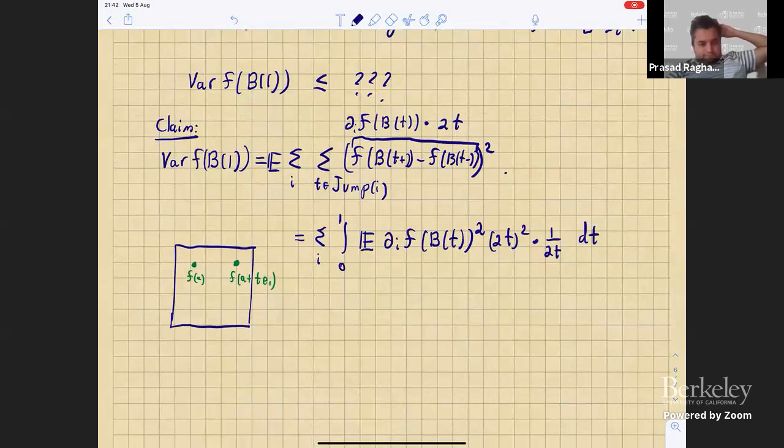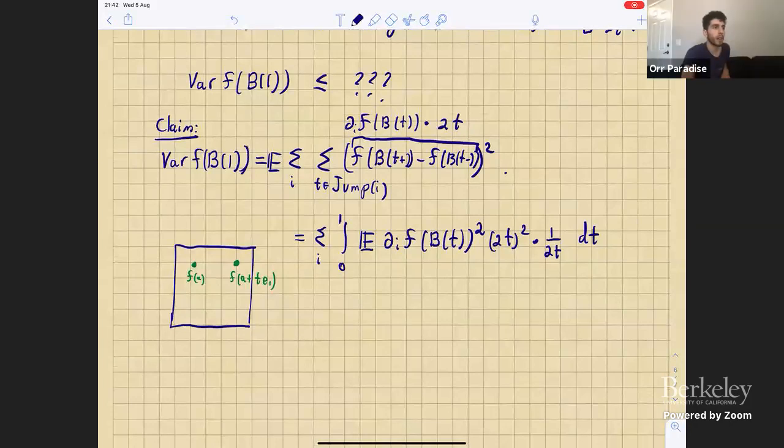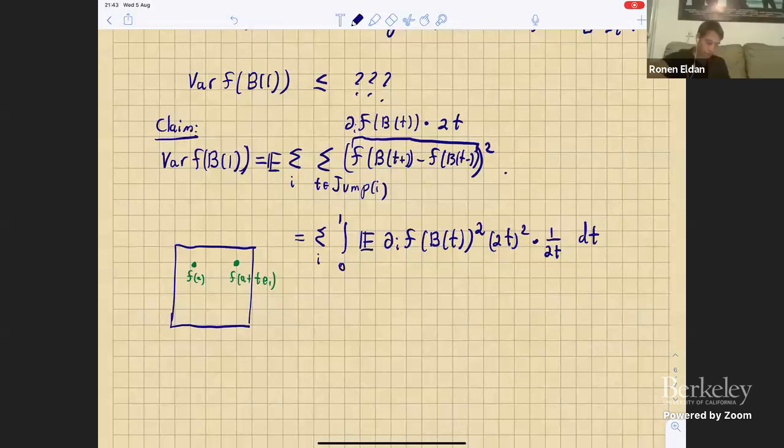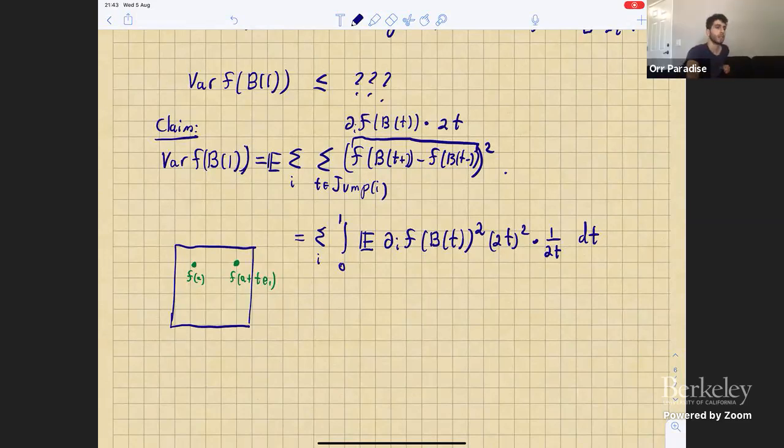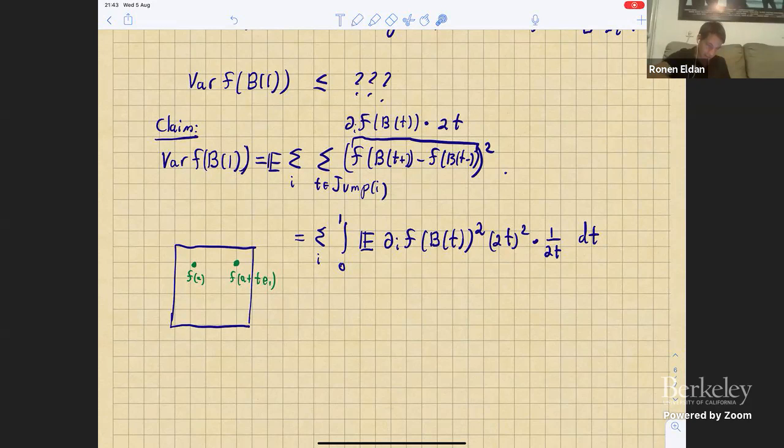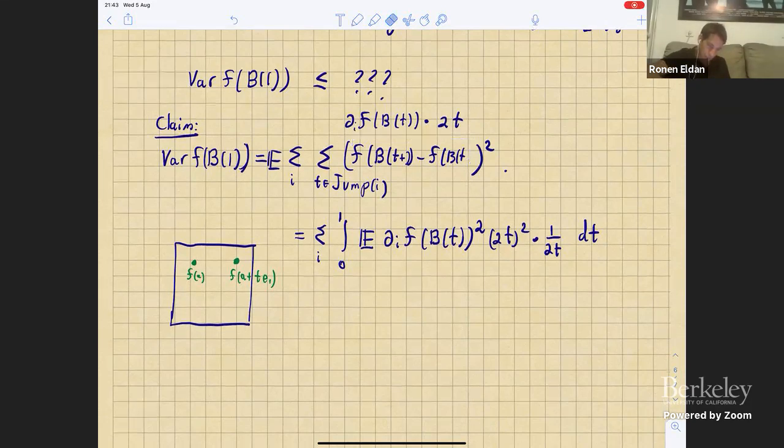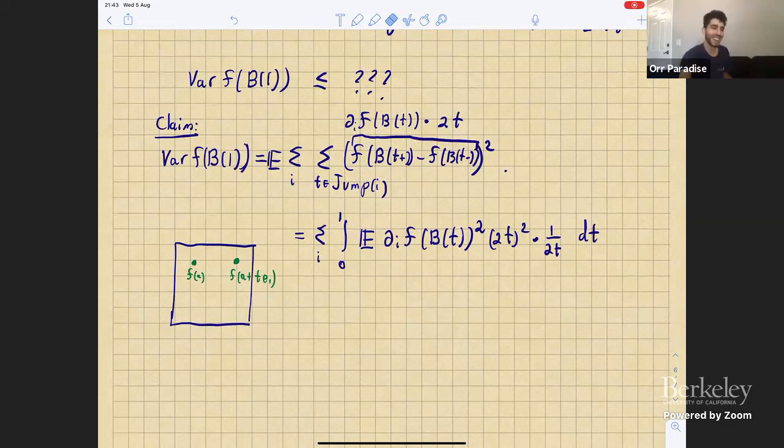And then in the first right-hand side, it's b of t plus, not 1, right? It's right after the jump and right before the jump? Yeah, t plus and t minus are right after and right before. There is no 1 here. This is a closing bracket. Yeah, thank you. T minus, yeah.